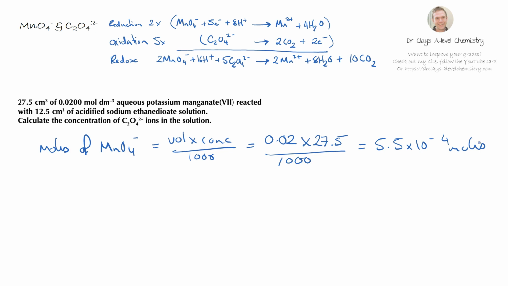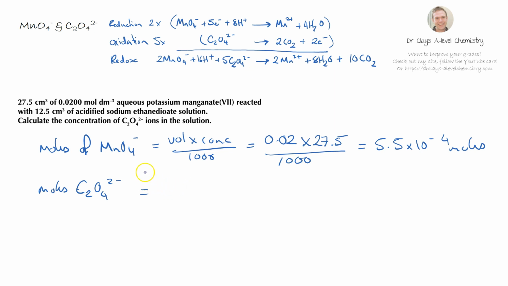The next thing to do then is to work out the moles of ethane dioate from the moles of MnO4-. And again, we use this one in the AQA exam probably because it's a reasonably difficult sort of conversion that we do here, because we're looking at a 2:5 ratio.